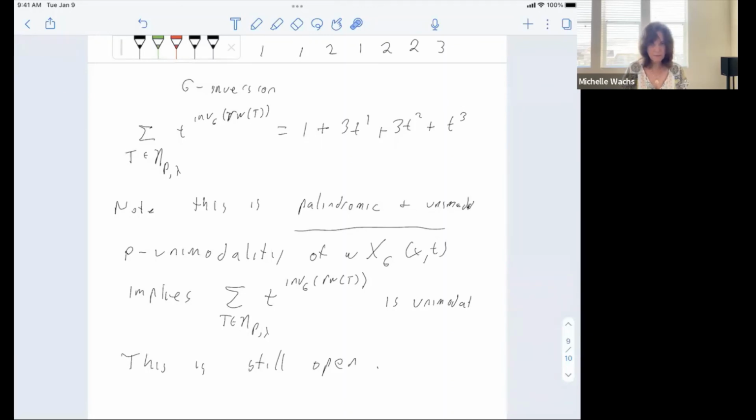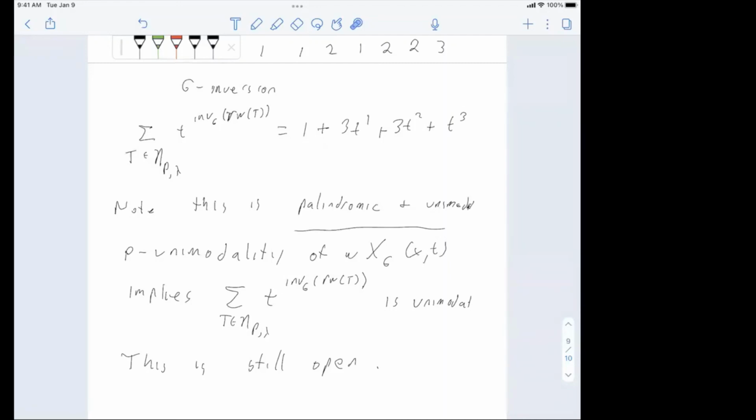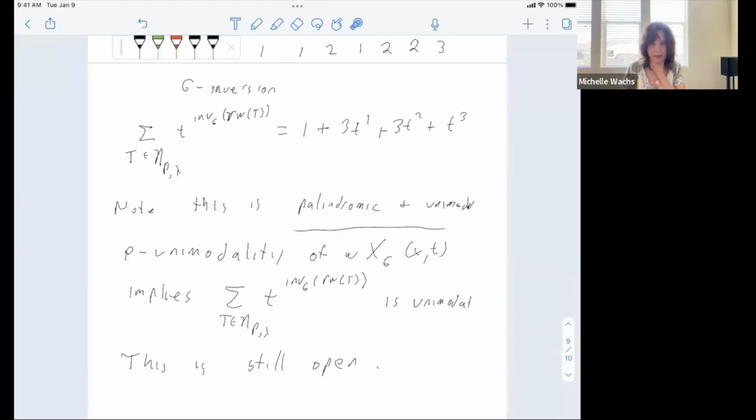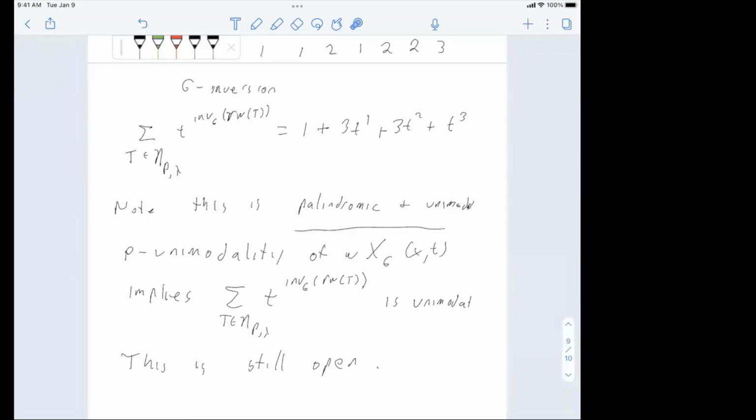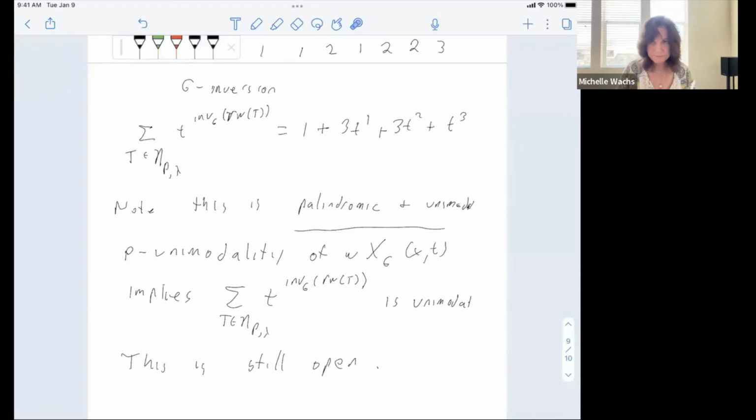Yeah, that's just t equal to 1. Just counting NP without the lambda. Right, right. Oh, yeah. So we should be able to do that.